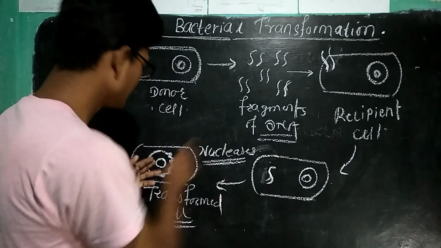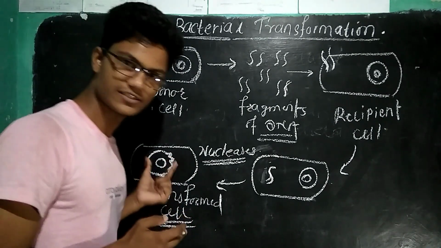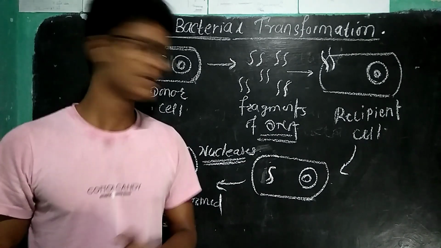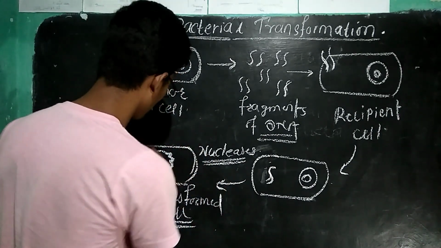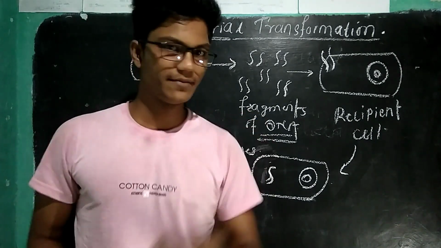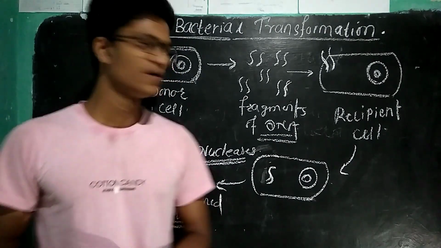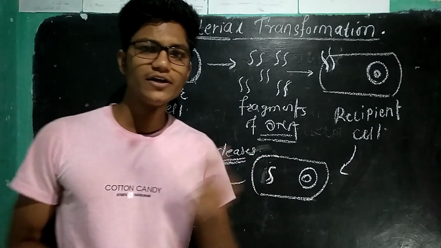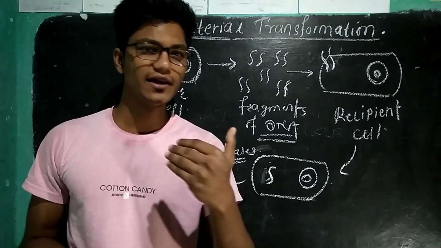If this gene binds with the recipient cell DNA, the property of the recipient cell also changes, and this cell now has the antibiotic resistance property.